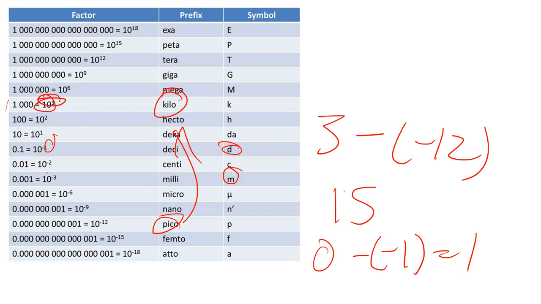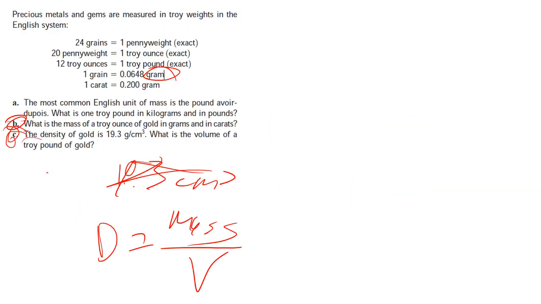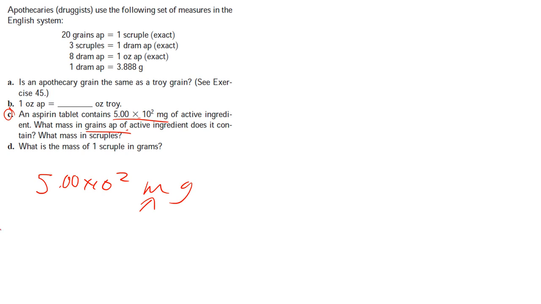What is m? m is 10 to the negative 3. So every time you see m, replace it with 10 to the negative 3. So 5 times 10 to the 2 times 10 to the negative 3 grams gives 5 times 10 to the negative 1, which is just 0.5 grams.